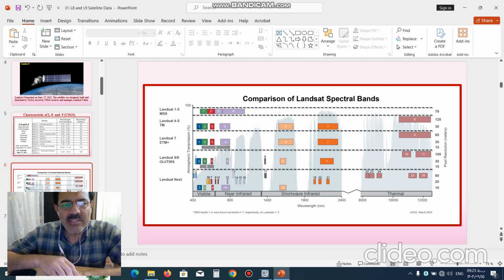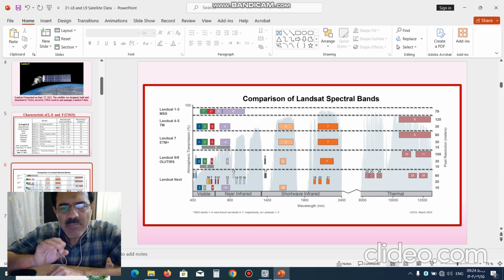These sensors, OLI and TIRS, are the two sensors of Landsat 8 and Landsat 9, and we can see the wavelengths of band number 1, 2, 3, 4 to band number 10 and 11. And Landsat Next in the future.